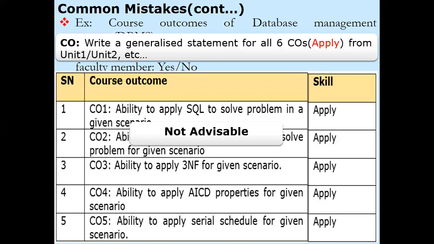But unfortunately, all the 6 course outcomes are written based on the apply level only. I already told you that every subject has to map at least 2 program outcomes. Yes, apply level you can map with PO1 only. But every subject needs at least 2 POs mapped, like PO1, PO2, PO3. But unfortunately, all the course outcomes are mapped only to PO1. That's the meaning.